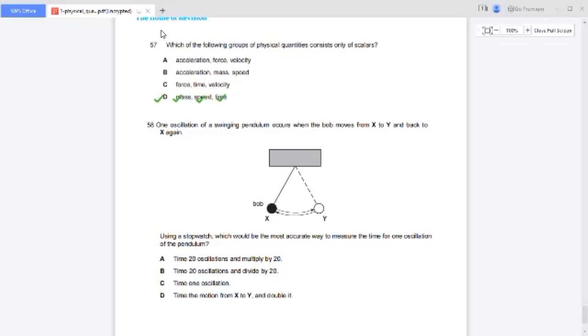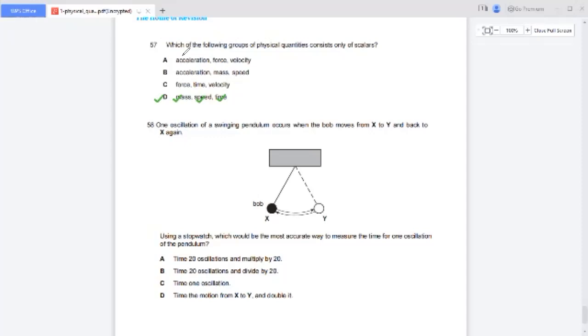We know it is quite difficult to measure the time for a single oscillation, so it is better to measure the time for 10 or 20 oscillations and then divide by 20. That gives us the time period for a single oscillation. Let's see which is the correct way.